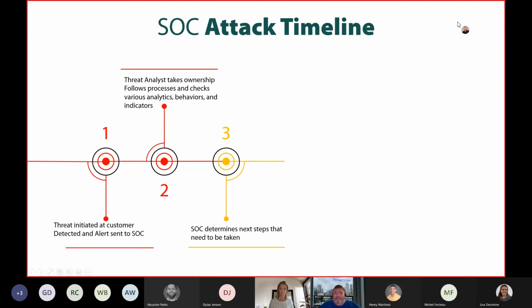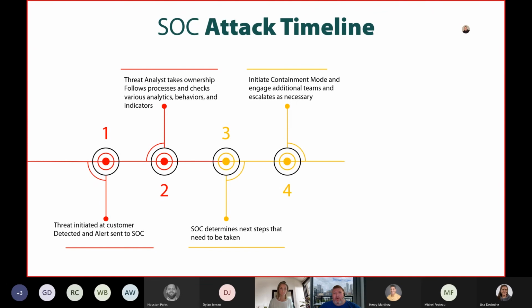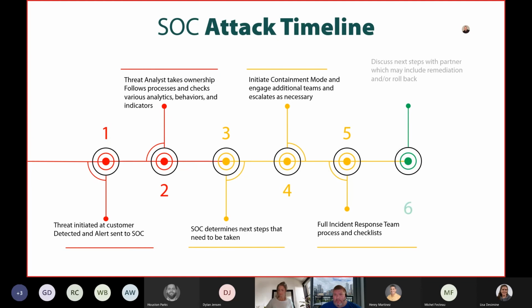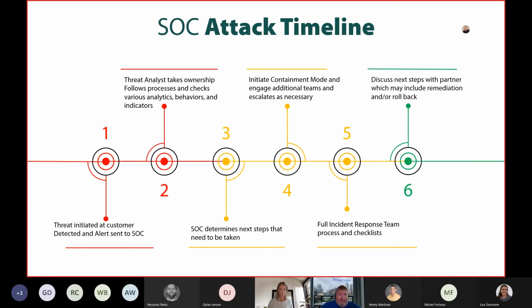Remember I said 43% of alerts don't even get looked at. So you can rest easy that we're looking at everything, and we're going to avoid the noise with you, but we're just going to involve you on the things that are more critical, that need your attention, and even work with you to talk to your client about what just happened, plus what the next steps are moving forward.